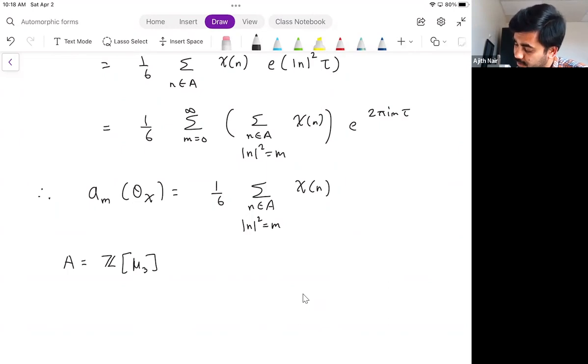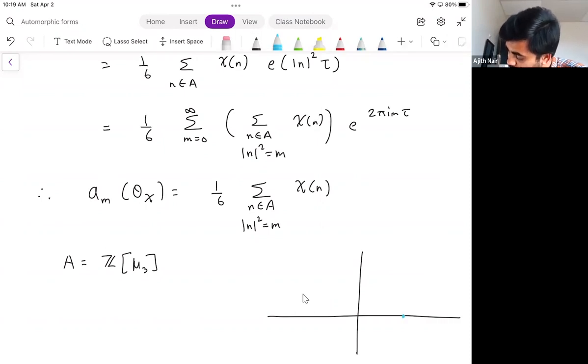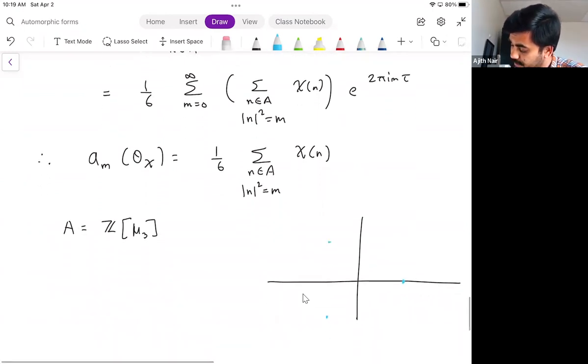So in the complex plane, you have the unit circle, and let's say my 1 is somewhere here, mu3 is going to be here, and mu3 squared will be the conjugate. And if you look at the translates of this, you get a triangular lattice.